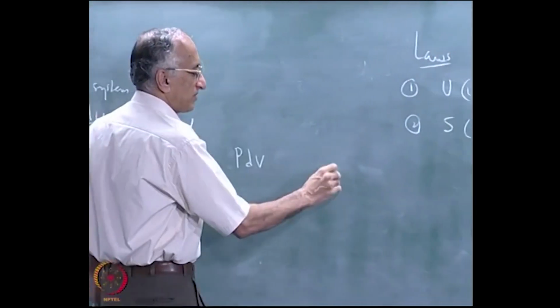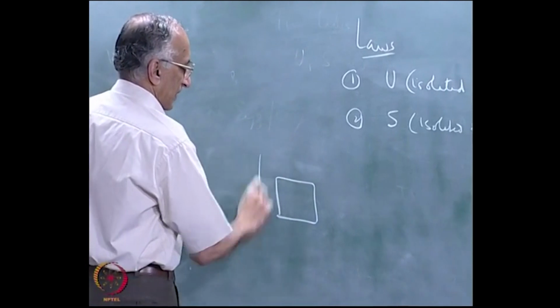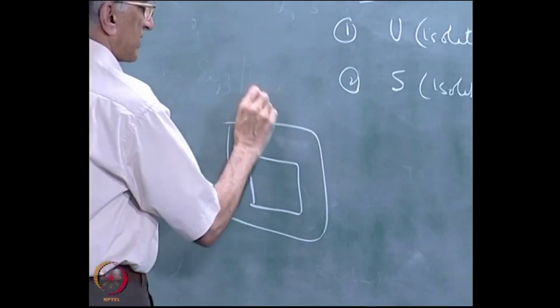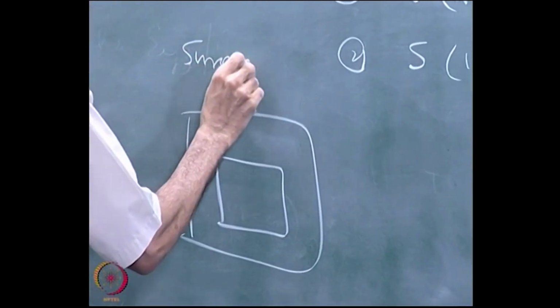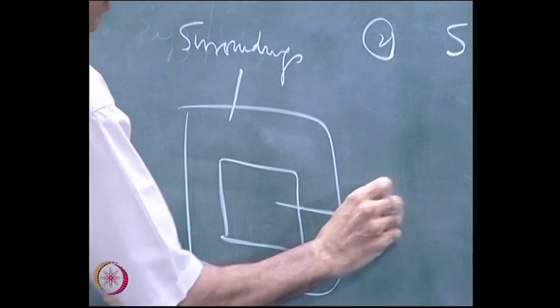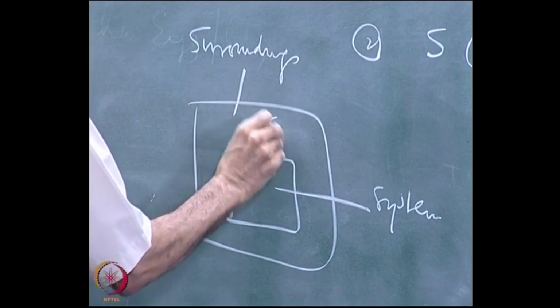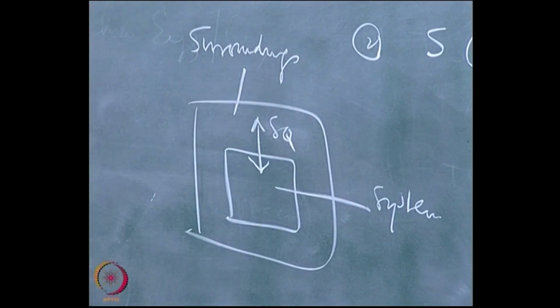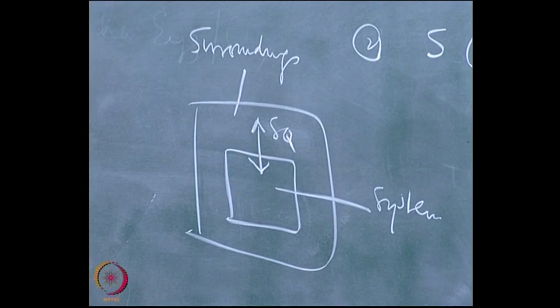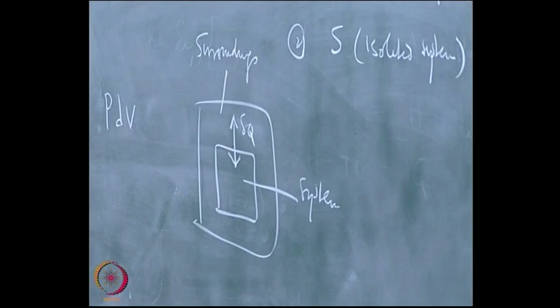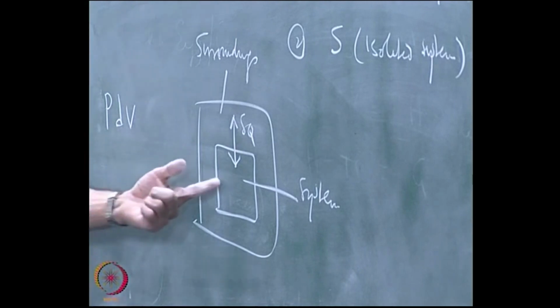Suppose I have a system and then I have surroundings. And I have an exchange of heat between the system and the surroundings. Now if the heat is coming into the system, the surrounding temperature has to be higher than the system temperature.